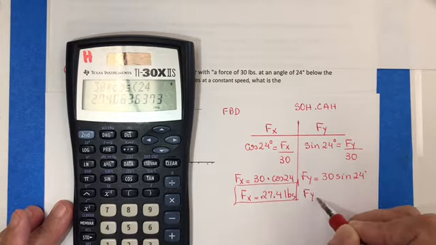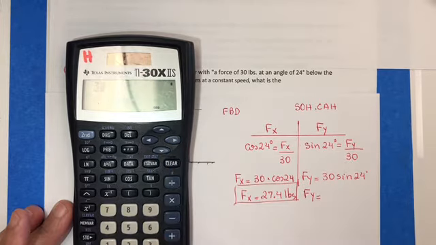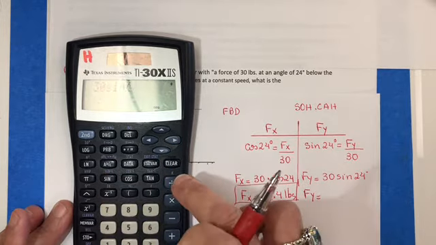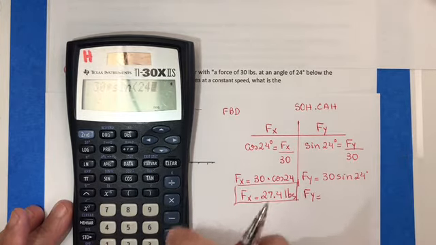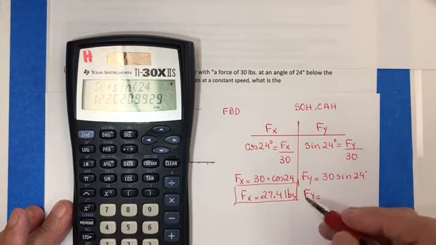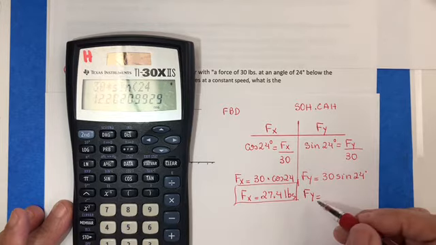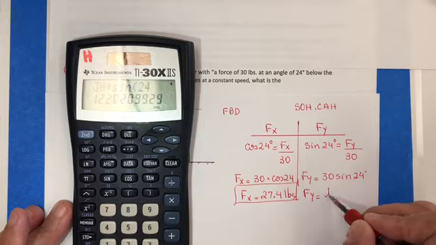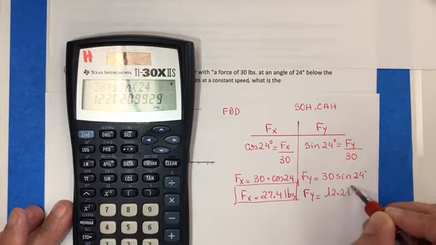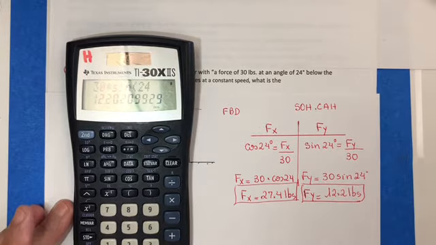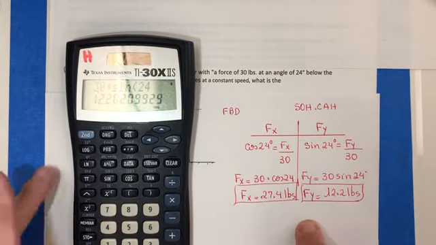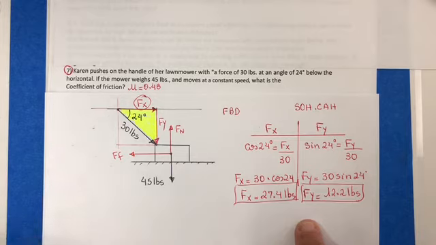So my Fy is 30 times sine of 24, which is 12.2. So 12.2 pounds. So I'm gonna keep these handy because I'm gonna need them when I set up my equations.